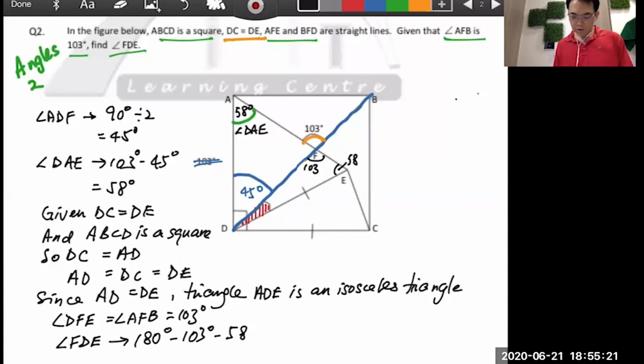And here, press your calculator to be sure. So 180 minus 103 minus 58, and that will give us 19 degrees, and that is the answer to the question.